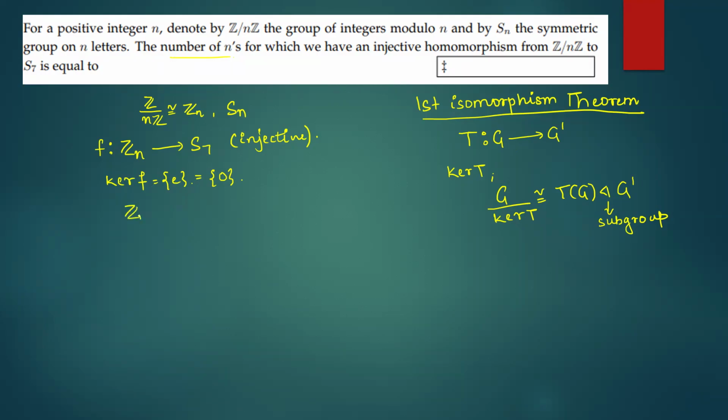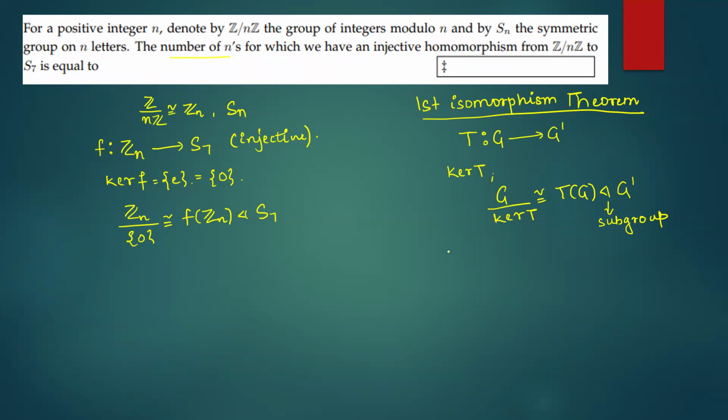And here the group G is Zn, so Zn modulo kernel of F is isomorphic to the range of the group, that is f of Zn, and this f of Zn is a subgroup of S7.